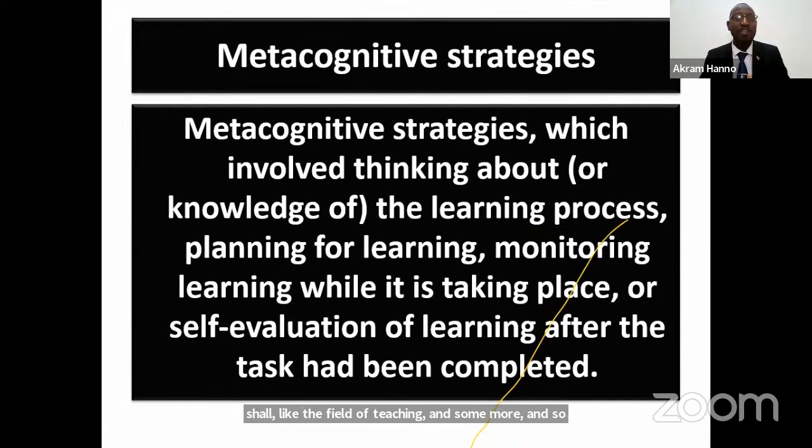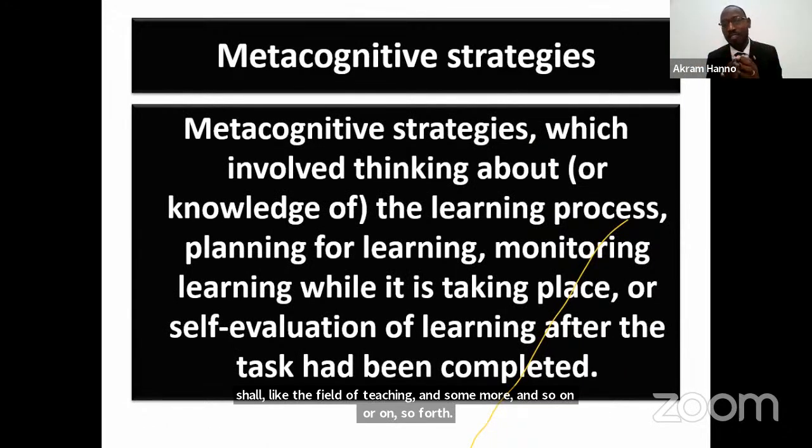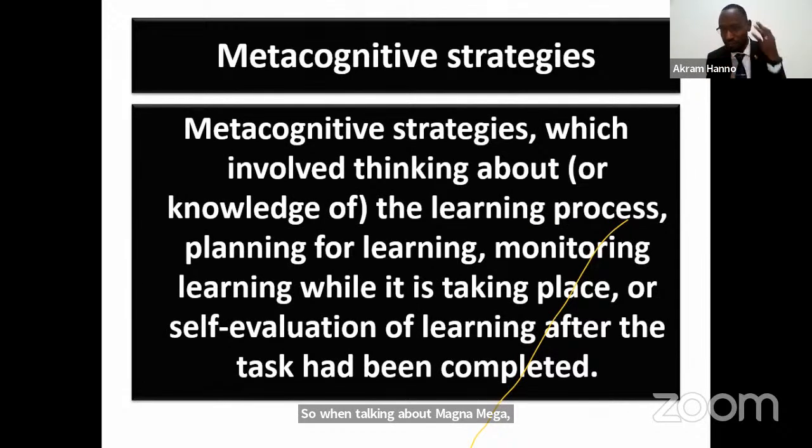So when talking about metacognitive, and when we talk about cognitive, we talk about mental issues, relating to the brain and the mind, the cognitive verbs like thinking, I think and I feel.